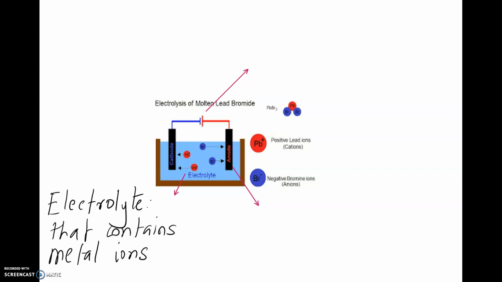The next thing you're going to have is electrodes. You will have a positive and negative electrode. The anode is positively charged, the cathode is negatively charged, and the role of the cathode and anode is where your metal will be collected.